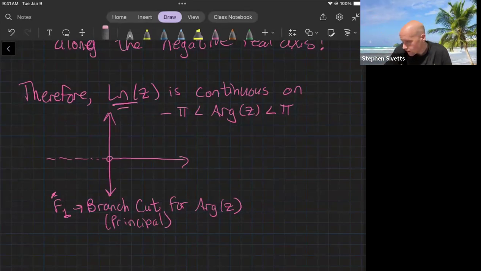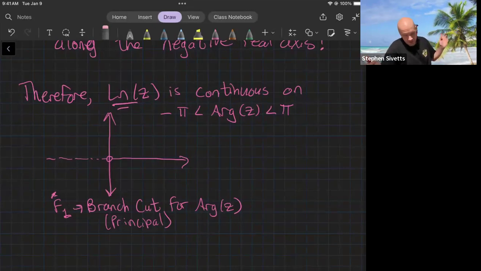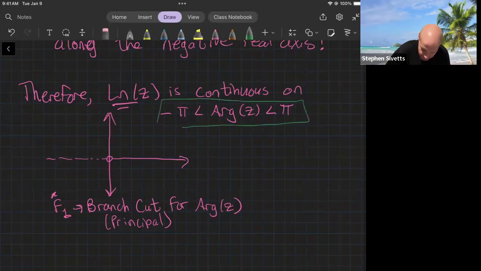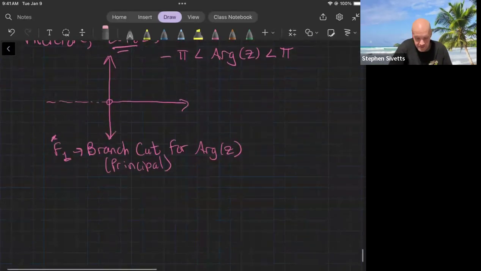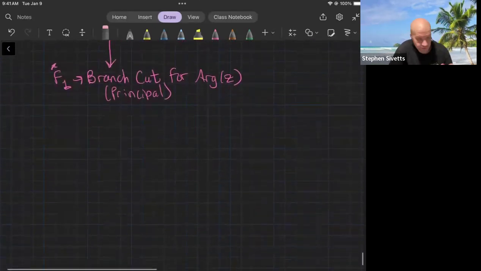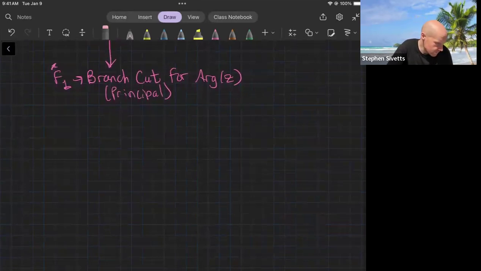So minus 3 pi over 2 up to pi over 2, that's another branch cut, right? But the principal branch cut is this interval for the argument of z, because the principal argument of z uses the same endpoints as your limits. So that's why they call it the principal branch cut.